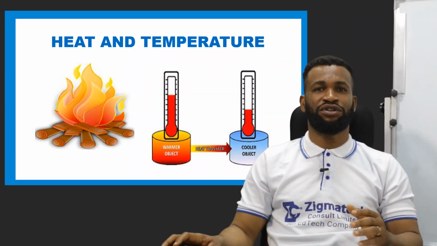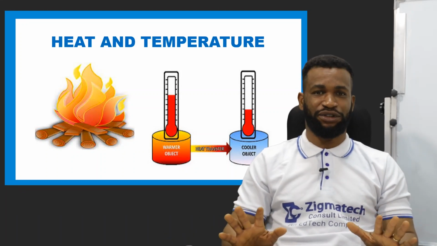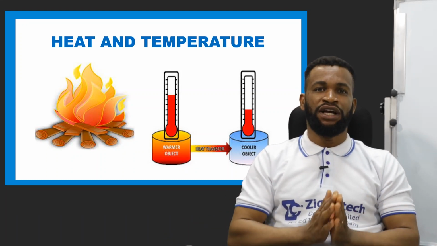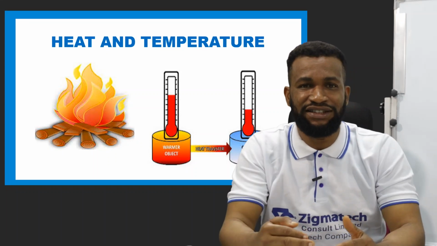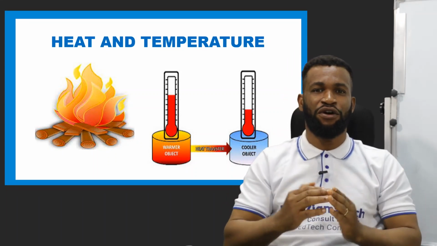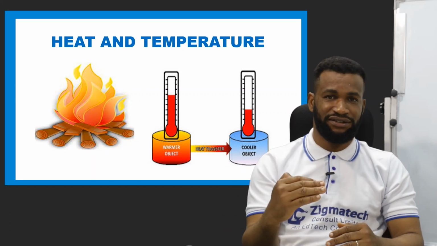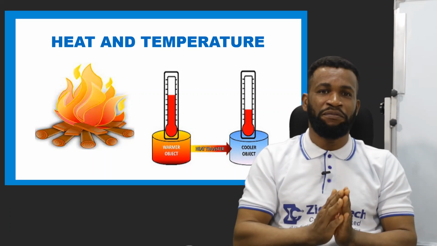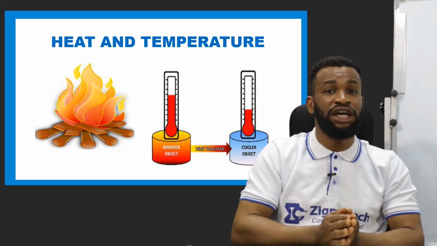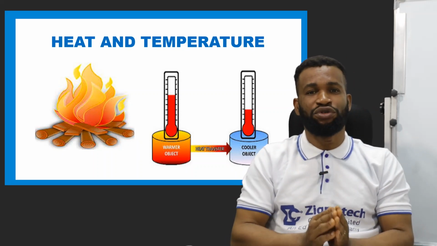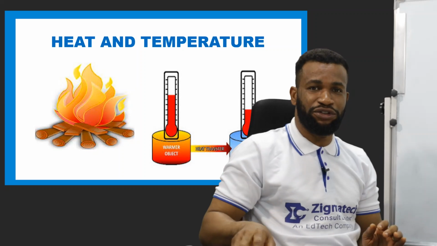Now, the first thing I want us to talk about is heat and temperature. Like I was saying, let me define that heat is a kind of energy which is always on transit or travels from a hotter body to a cooler body due to difference in temperature.